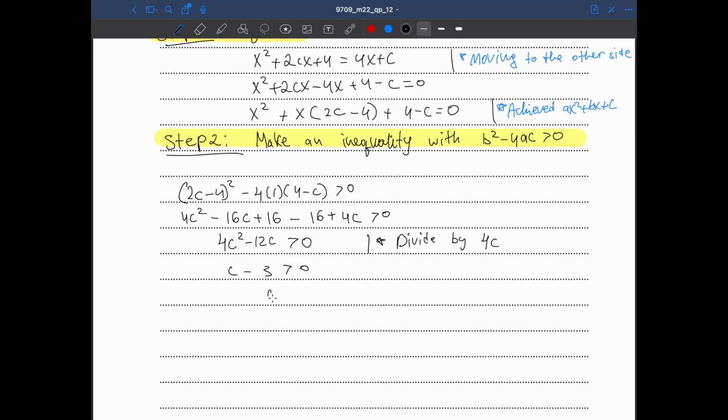So c should be greater than 3. But we shouldn't forget one thing. Since we are dividing by 4c, and a lot of students forget this, what we're actually doing is taking 4c out of the bracket, basically.